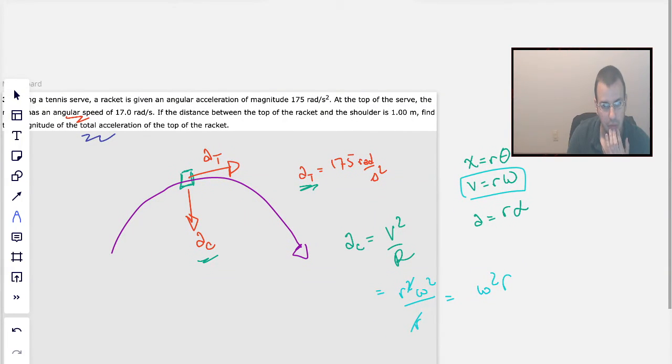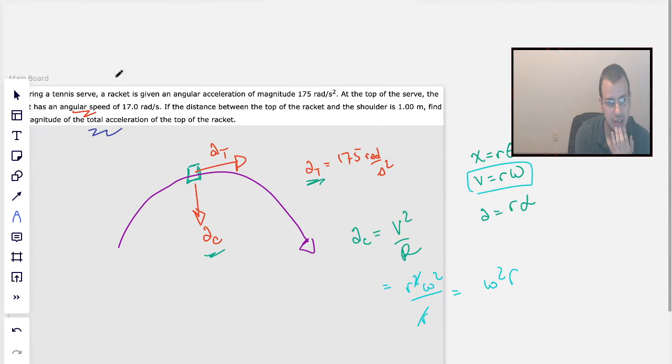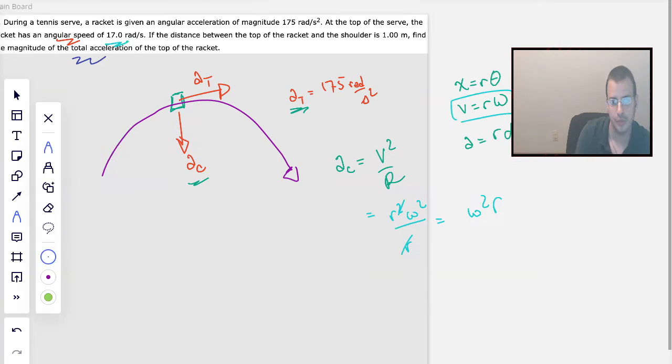So centripetal acceleration equals the angular speed, 17 squared, times radius, which is 1. 17 squared is 289. So that's going to give us 289 radians per second squared.